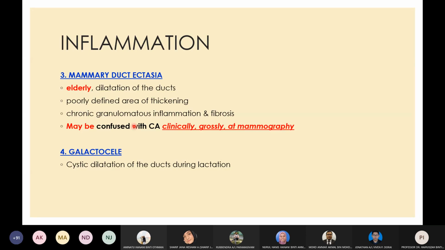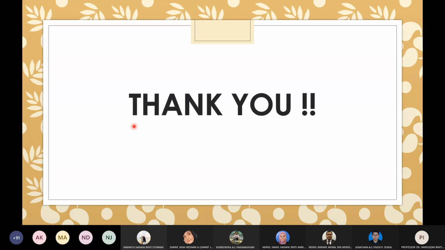It came to the lab, and I think we sampled almost the whole breast. We couldn't find any carcinoma. It was just inflammation. So be careful, because if patients are educated enough, they can sue you for mismanagement. That's why I highlight these inflammatory conditions for you to be aware. There are such things that can confuse you.